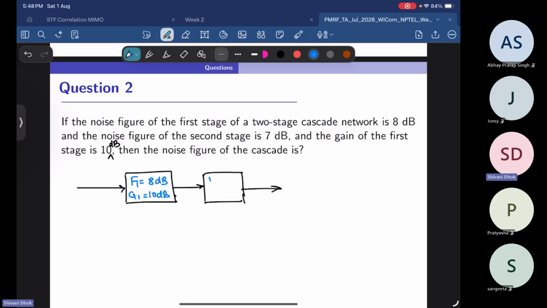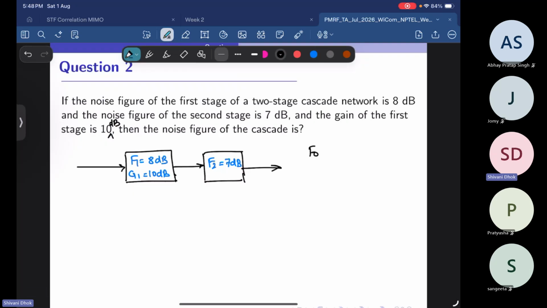And the noise figure of the second stage is 7 dB. And what you want to find is the overall noise figure. Okay, so this is the question that we want to answer.